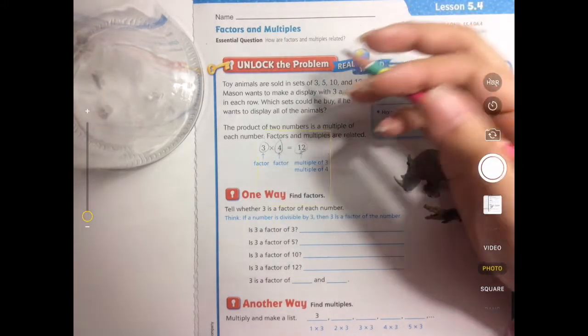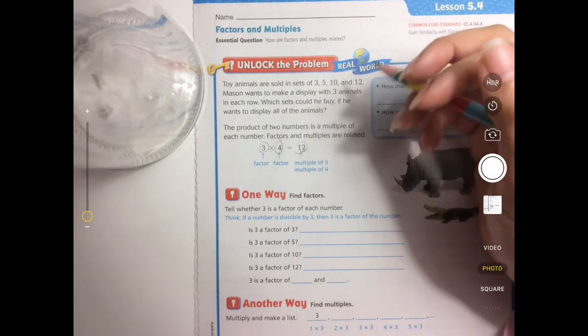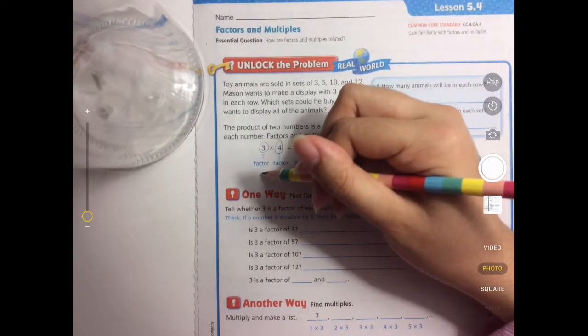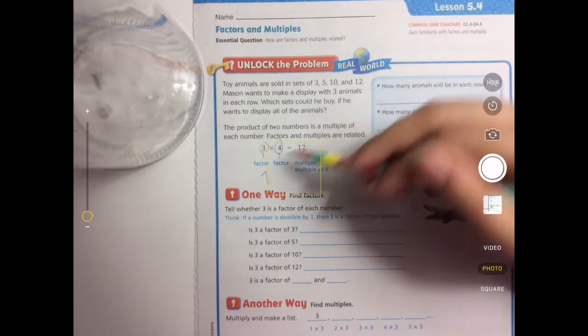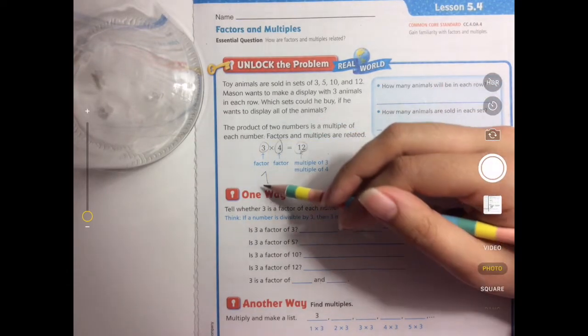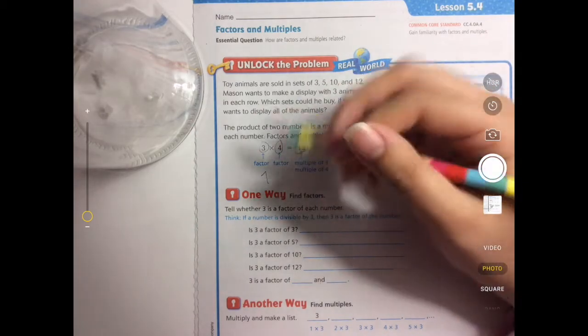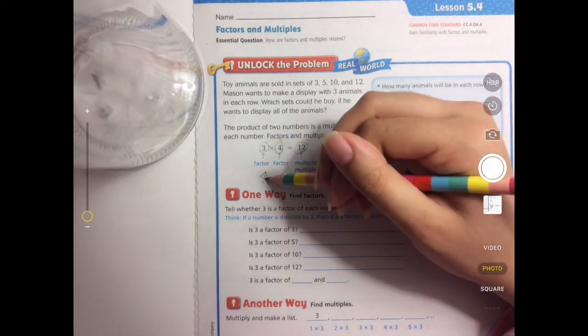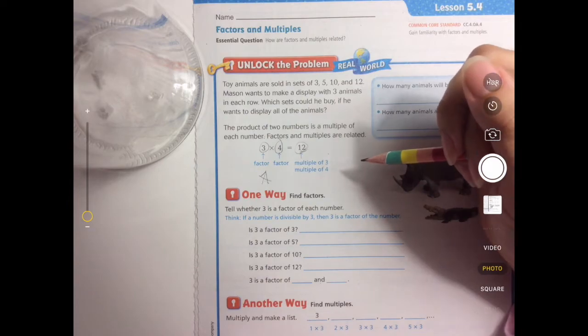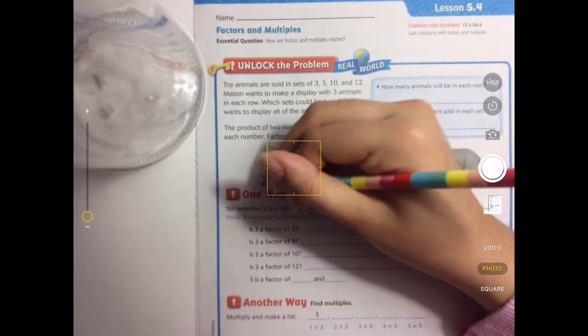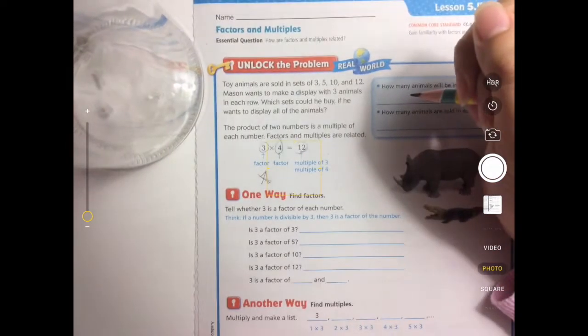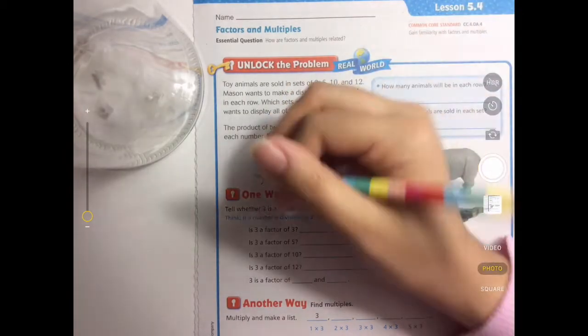Let's think of another number, just a random one, just to see if we understand. Let's do 7. Is 12 a multiple of 7? Well, can 7 multiply by something to give me 12? No. So 12 is not a multiple of 7. What about 6?